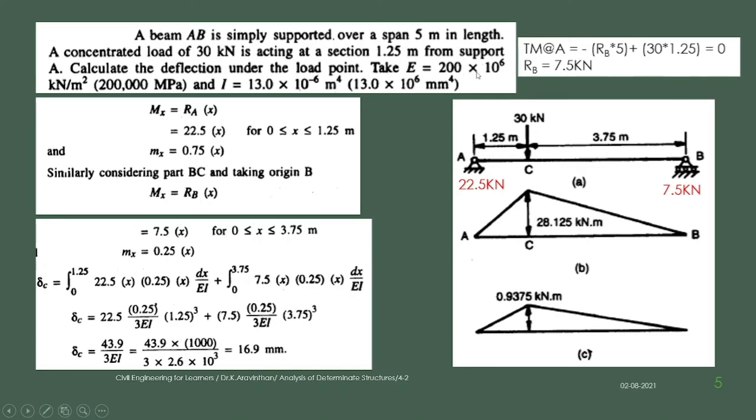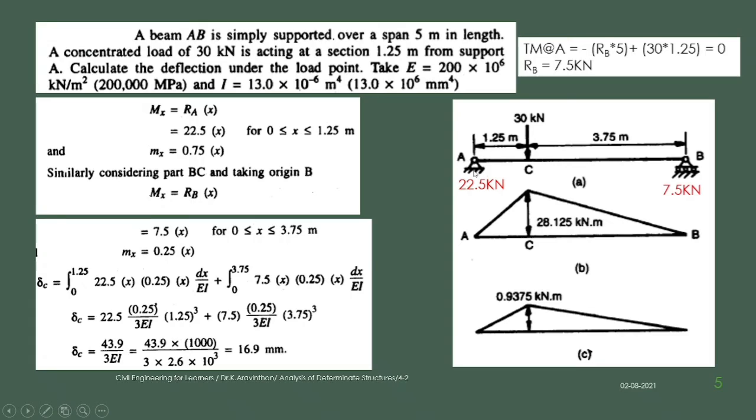It is anti-clockwise, hence it is written as minus RB into 5, and 30 into 1.25 is clockwise, hence plus 30 into 1.25 equal to 0. If you need RB, you can take everything outside and RB will be 7.5. The total load is 30. If you subtract 7.5, you will get RA as 22.5 kilonewton.